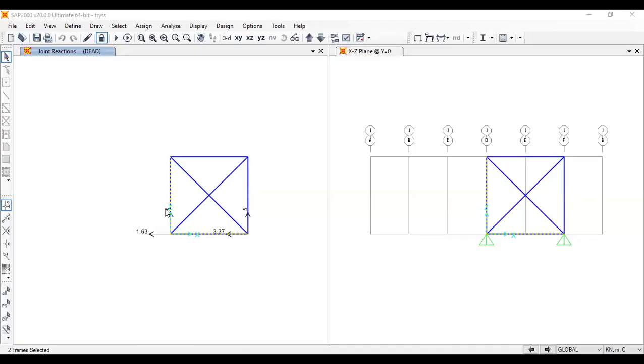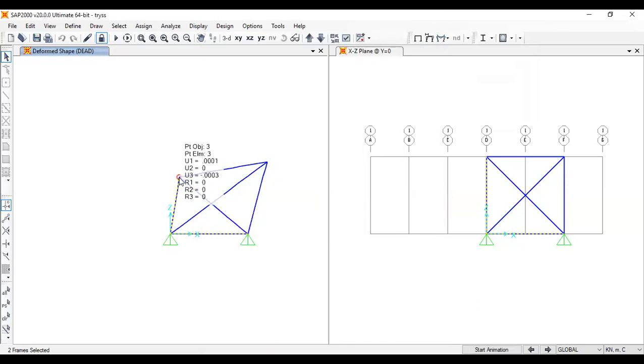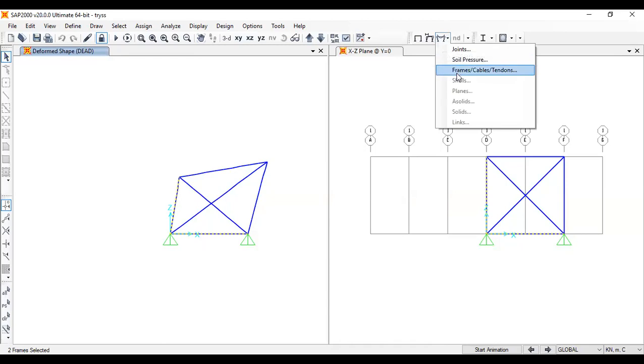So you can see 1.63 and 5, 3 and 5. So these are correct, right? Okay. So even you can check the displacements. So you can see 33 and I don't remember the other displacement, right? So the member forces you can check.